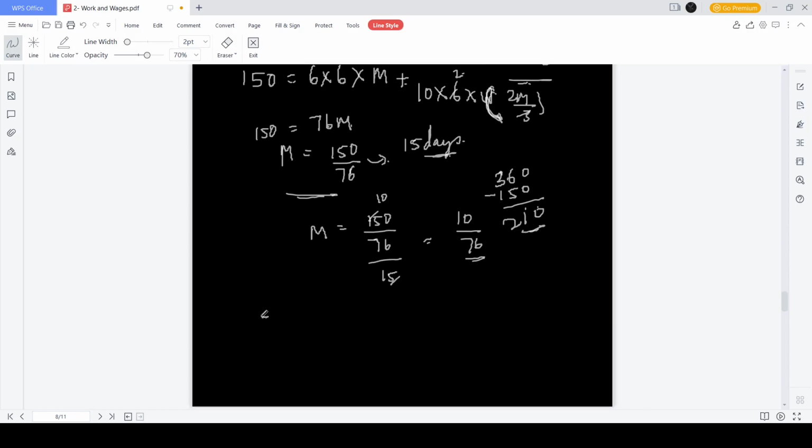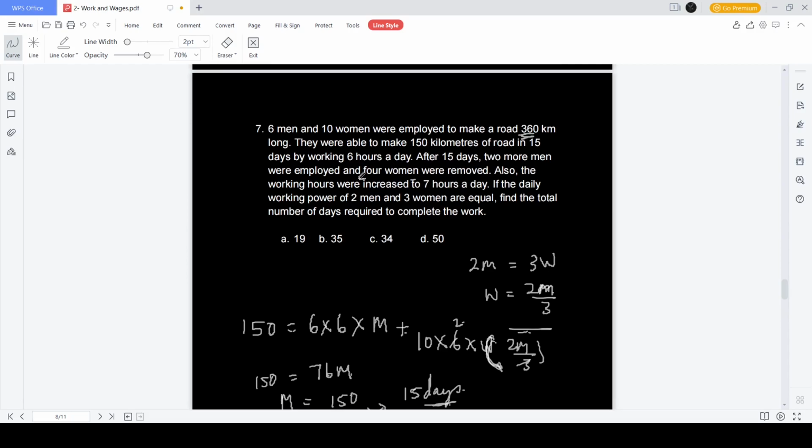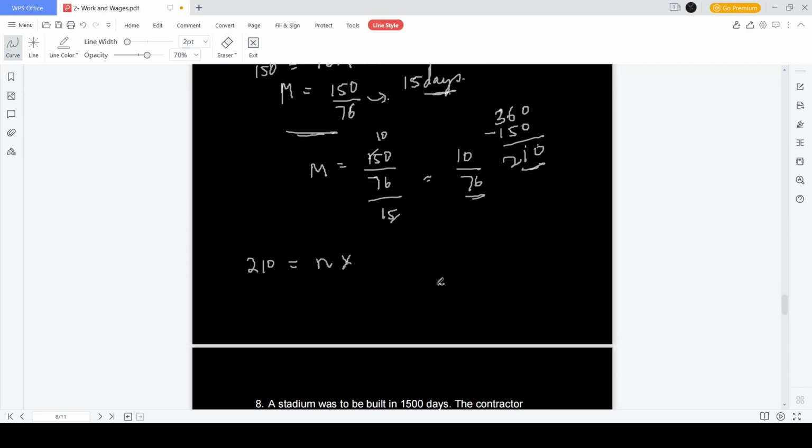Okay, so now we need to find out 210 is equal to the number of days it takes into the number of men. The number of men increased by 2, so it was 6 before, it becomes 8 now. 8 into 7 hours a day into the rate of 1 man per day, that is 10 by 76, plus the number of days it takes into the number of women.